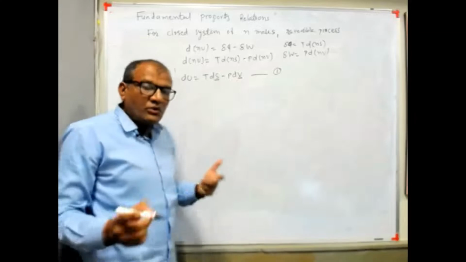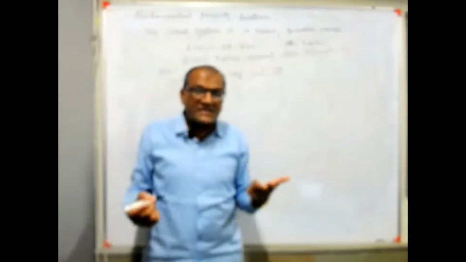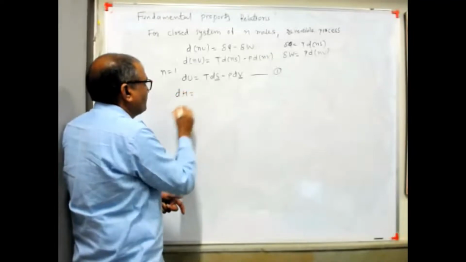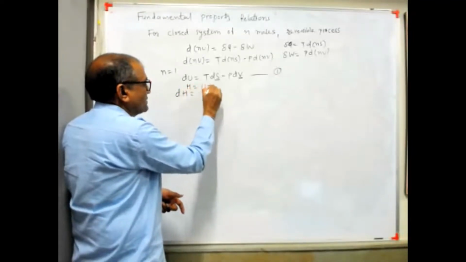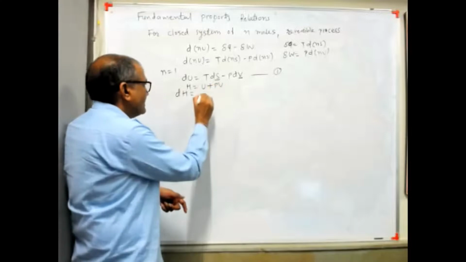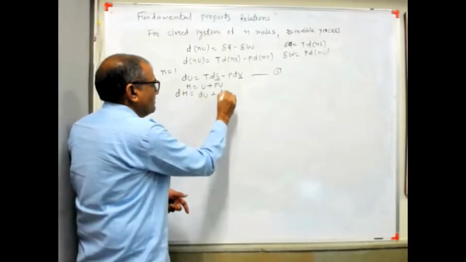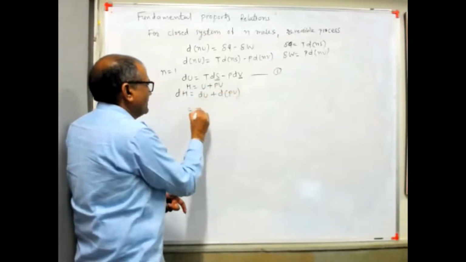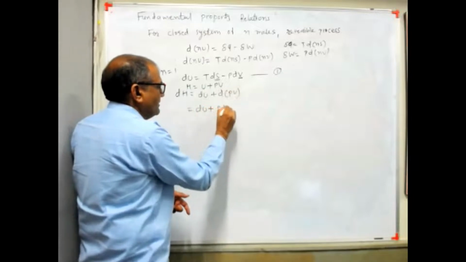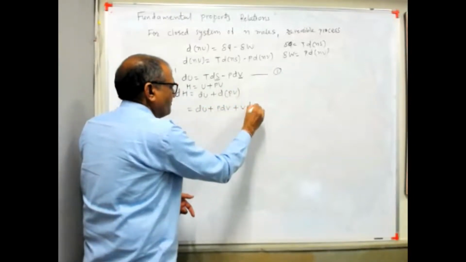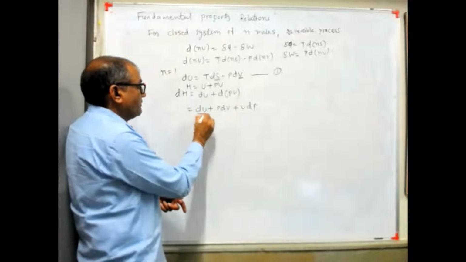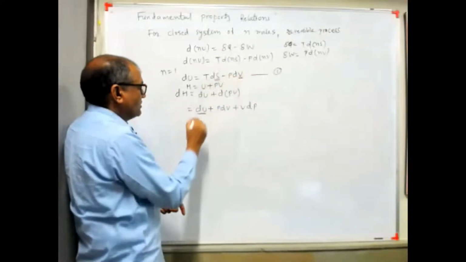If I want to write the equation for H, according to the definition of enthalpy, H equal to U plus PV, dH equal to dU plus d(PV), that is dU plus P dV plus V dP. Now I can replace this dU from equation 1.